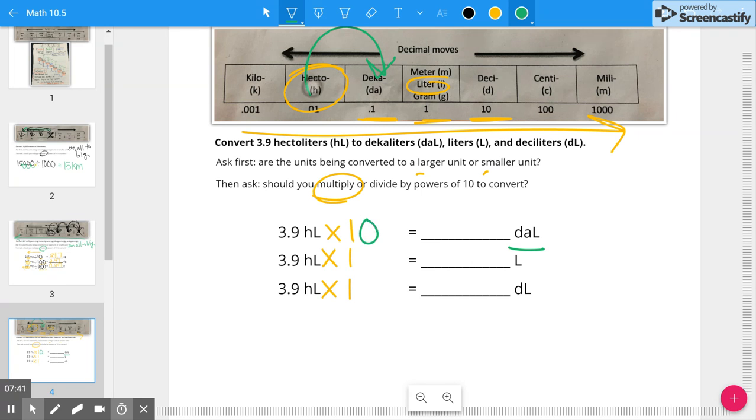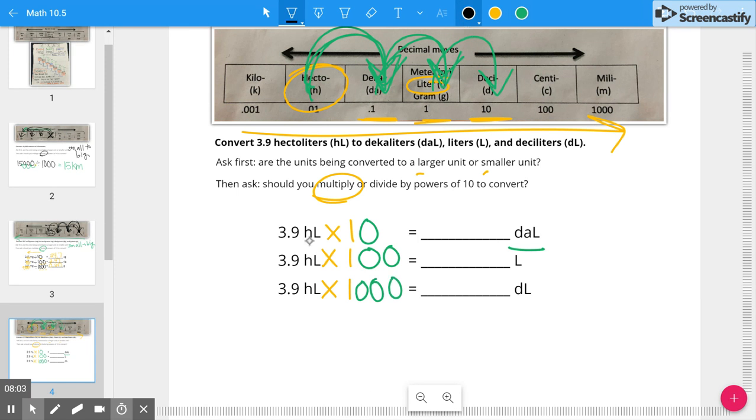If I am at hectoliters and moving to liters, I'm moving once, and then I'm moving twice, so I'm adding 2 zeros. If I'm at hectoliters and I'm moving to deciliters, once, twice, 3 times. So that's 3 moves. So 1, 2, 3.